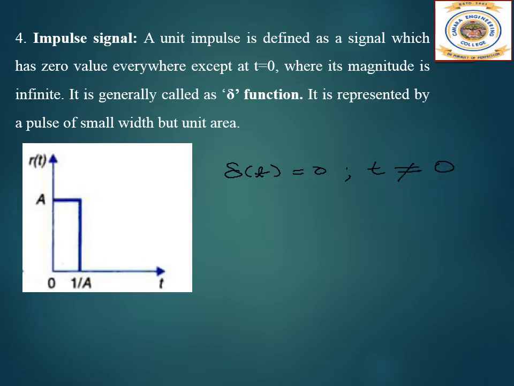As the width a tends to 0 with the area remaining the same, this function R of t approaches the impulse function. It also has the property that the integral from minus infinity to t of delta of x dx is equal to 1. The Laplace transform of this impulse function is given as 1.